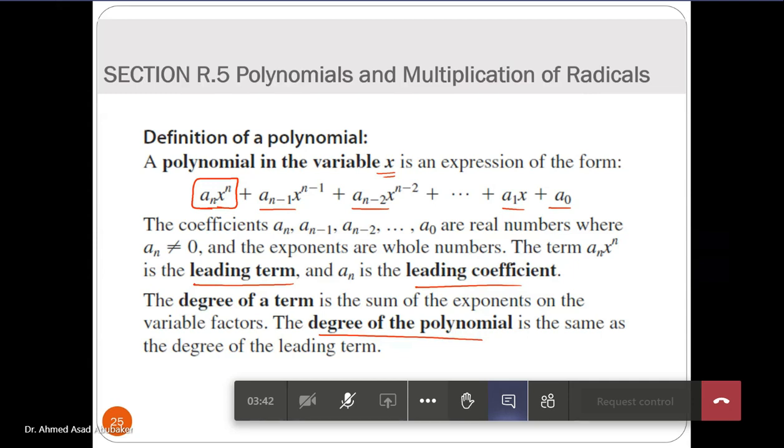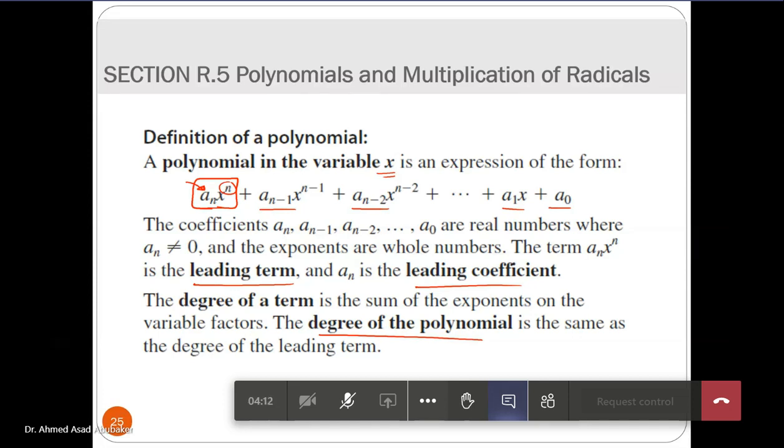The x which has the highest exponent, this term we call the leading term. The leading coefficient, a_n, is the number multiplied by the x. And the degree of polynomial is the largest exponent.